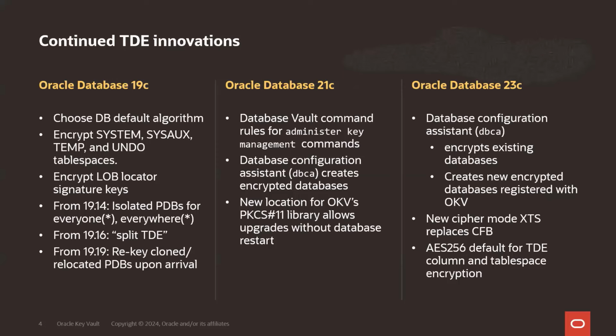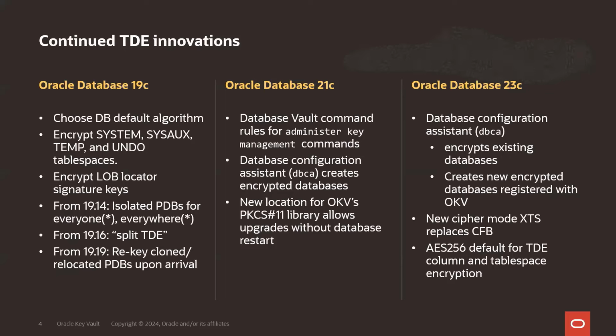In Oracle Database 21c, we introduced Database Vault command rules to control who and under what conditions administer key management commands can be executed. The database configuration assistant creates encrypted databases, and we have a new location for the PKCS11 library and a new system parameter. When the system parameter is set, we can dynamically load the PKCS11 library.